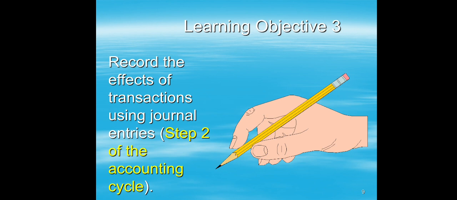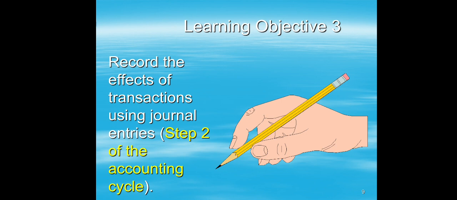Step 2 in the accounting cycle is record the transaction in the journal. And then step 3, you have to do ledger. Step 4, you have to prepare a trial balance. Step 5, you have to do adjusting entries. Step 6, you have to prepare an adjusted trial balance. Step 7, you have to prepare the financial statement.